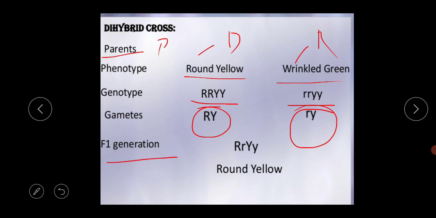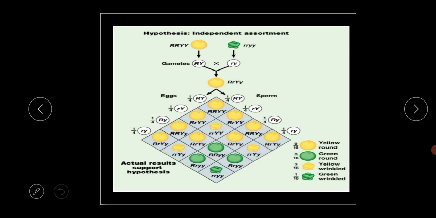In the F1 generation we cross these two gametes and get RrYy, capital R, small r, capital Y, small y. This is round yellow. So this is the basic idea of the dihybrid cross, and this is the Punnett square of the dihybrid cross.